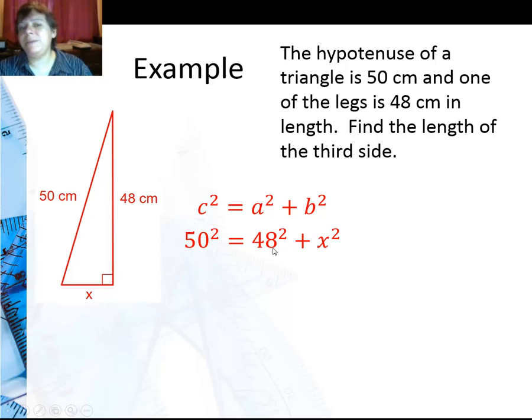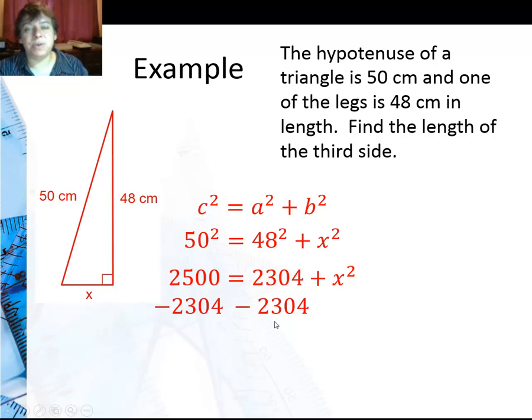Now, does it really matter if I had said x squared plus 48 squared? No, not really, because of the commutative property of addition. Which means you can go 3 plus 4 is 7, 4 plus 3 is 7. Order doesn't matter on addition. Okay, so now I'm going to square both the numbers that I know, and I have 2,500 equals 2,304 plus x squared.